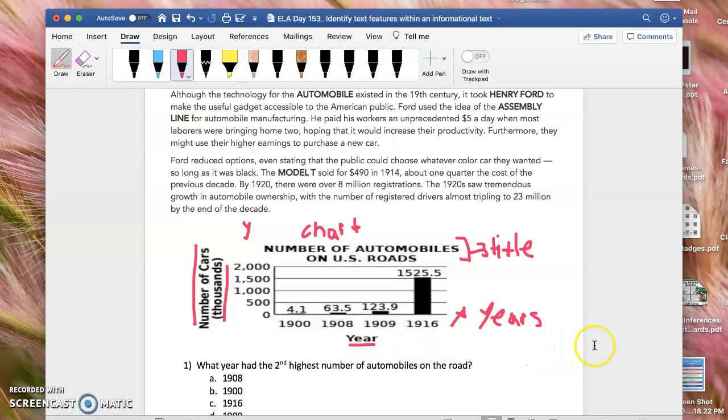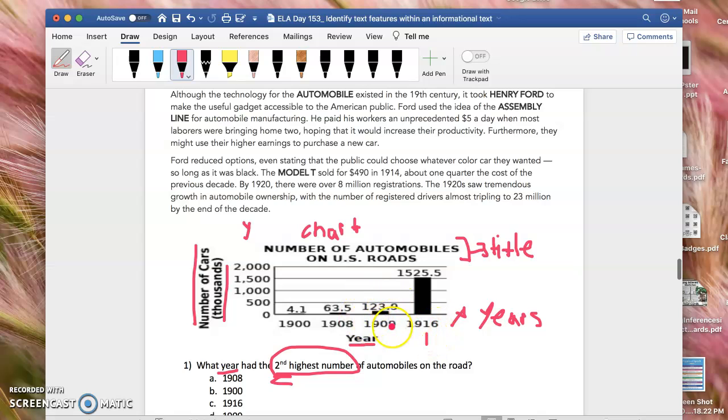All right, so let's go to number one. It says, what year? So when it says year, that means we need to look on the x-axis. What year had the second highest number of automobiles on the road? So it says second highest, not the highest. We know that the highest is 1916.